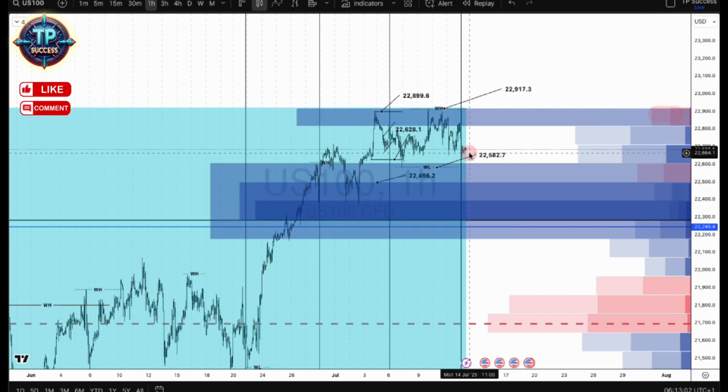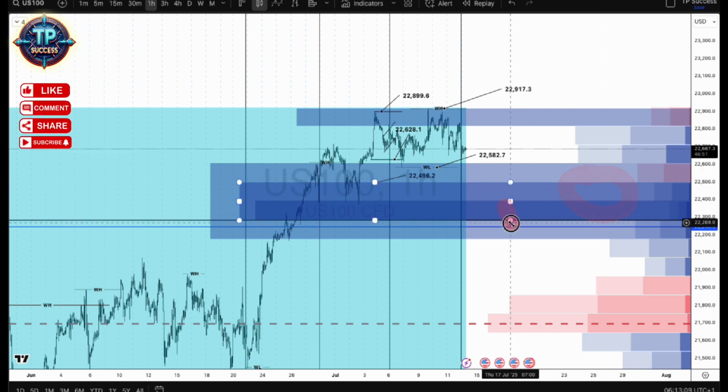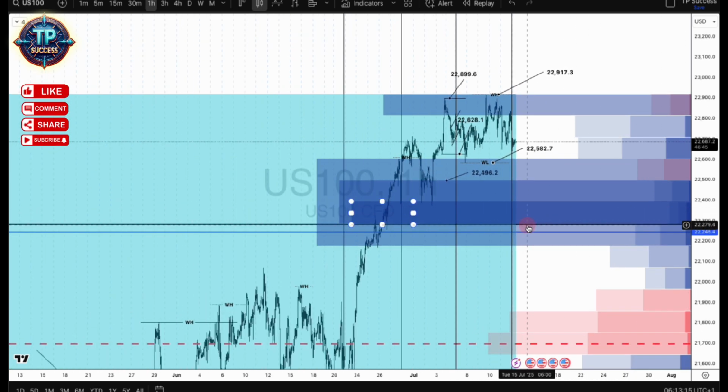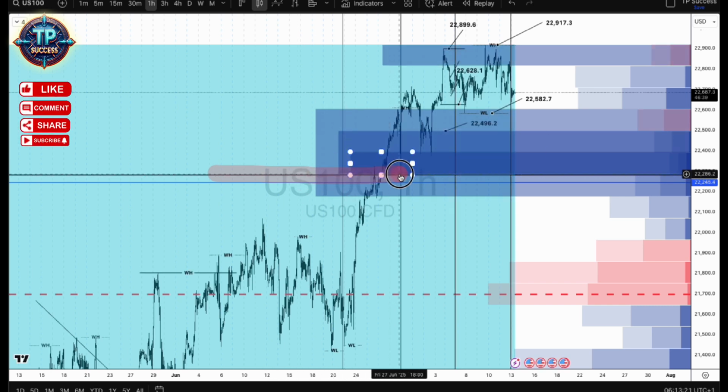Which is if price makes its way all the way through to this low volume node area right here and breaks down, okay? Basically, this is what would have taken place, which is really, really important, right? Is that price would have closed below the value area high.